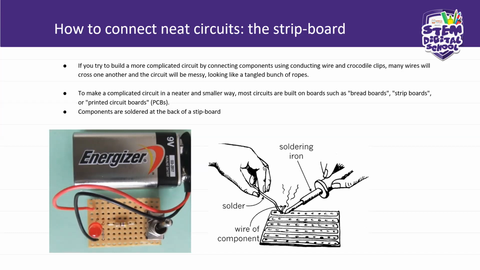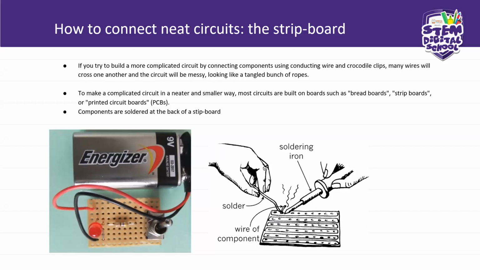To make a complicated circuit in a neater and smaller way, most circuits are built on boards such as breadboards, strip boards, or printed circuit boards, the PCBs. Components are soldered at the back of a strip board. Right. In your class, your teacher may bring this. This is a soldering iron, and this is solder.